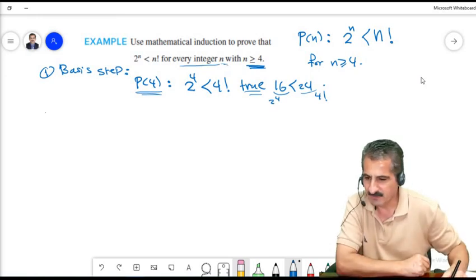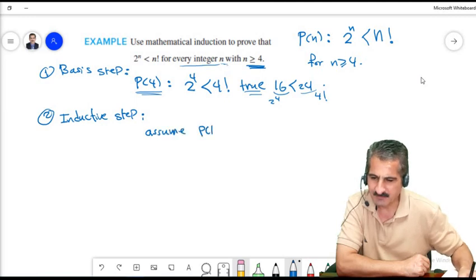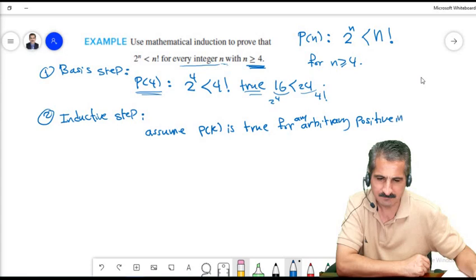Okay, step 2, we will go and do the inductive step, which says that now assume P of k is true for any arbitrary positive integer k.